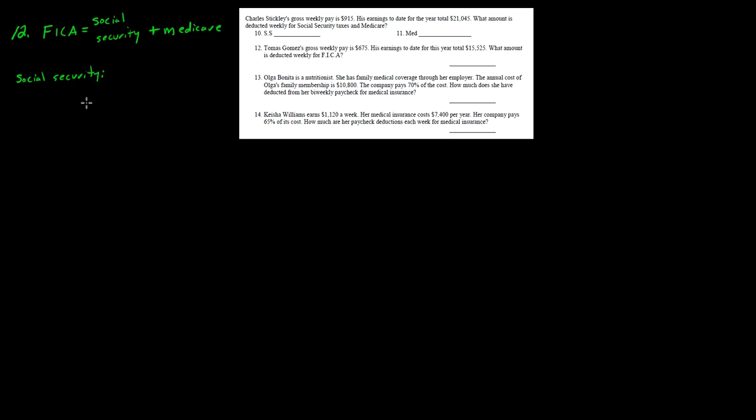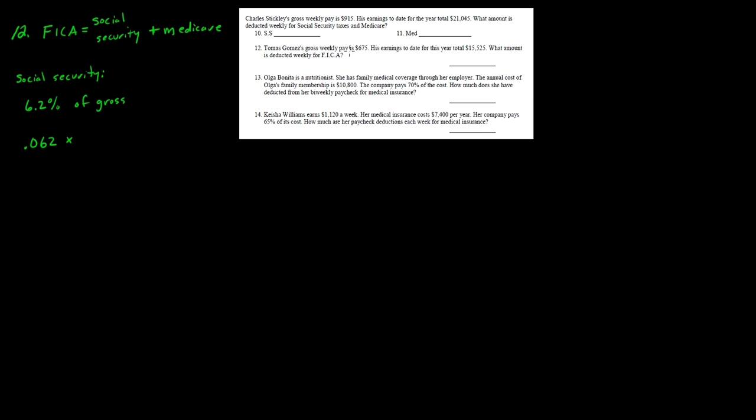Remember that Social Security is 6.2% of your gross pay. 6.2% written as a decimal would be 0.062. Of means multiply, and the gross pay for this person is $675, and we want to know the weekly amounts.